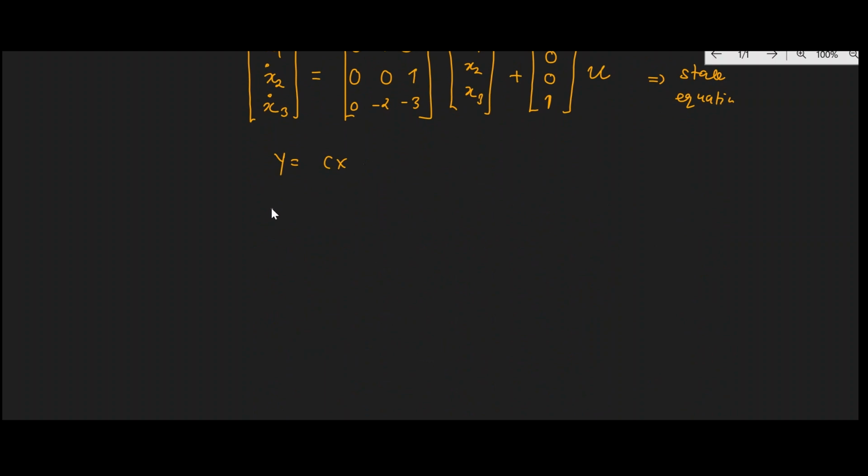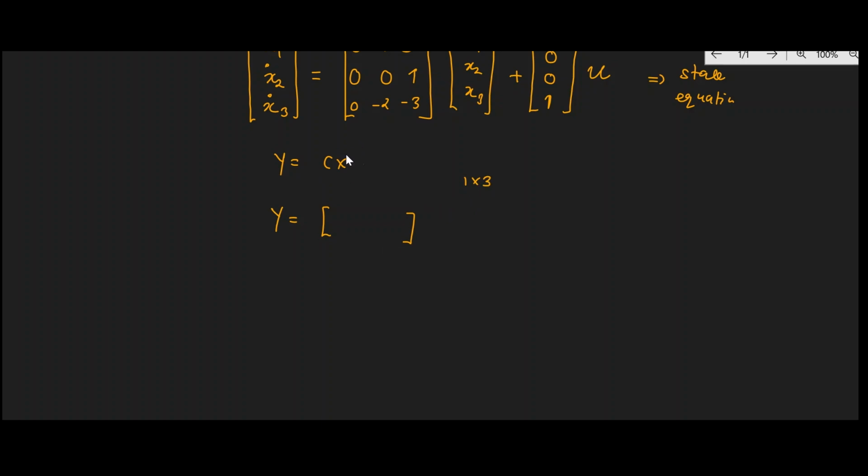So what is the C matrix? The C matrix is 1 by n, and n is simply 3, so this should be a 1 by 3 matrix.